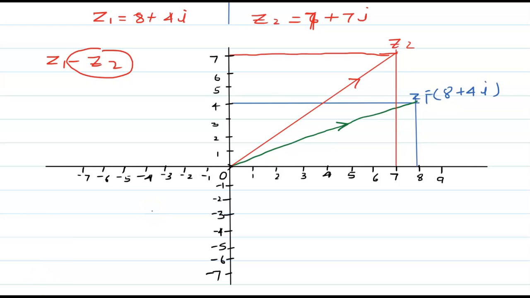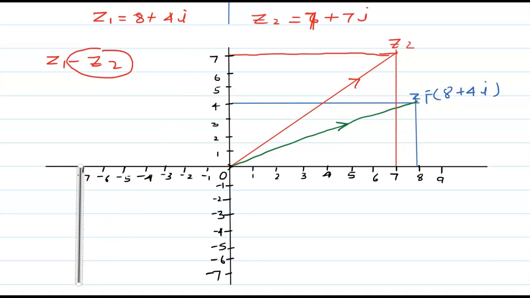What will be the coordinates of 7 plus 7i here? It will be 7 and 7. So by changing the sign, it will be minus 7 and minus 7i. So minus 7 here and minus 7 here. If we draw a line, minus 7 and minus 7, it is coming here.